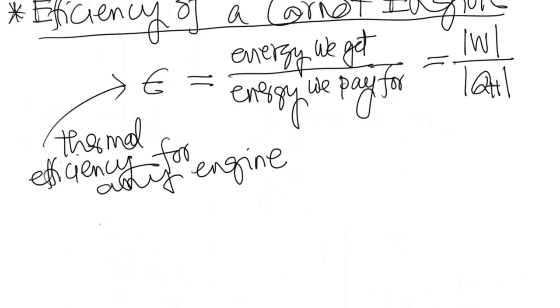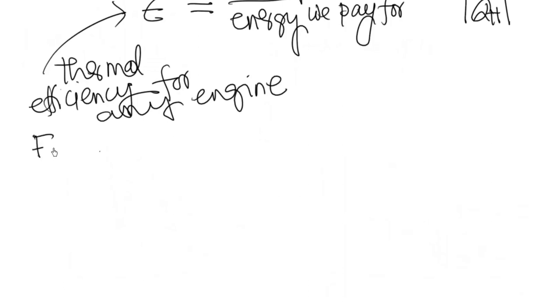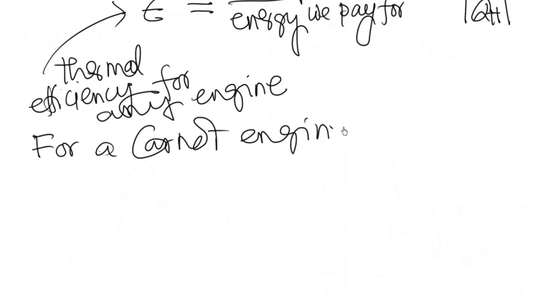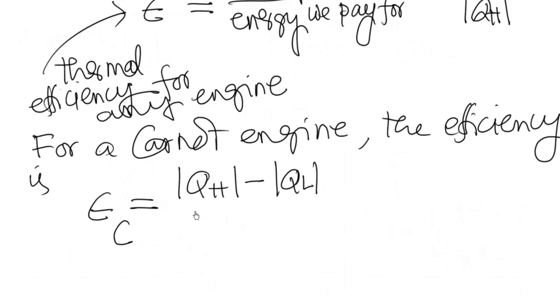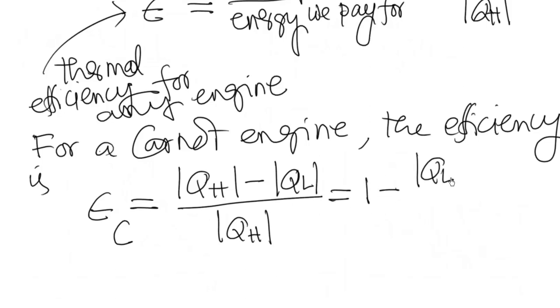Now for a Carnot engine, the efficiency epsilon Carnot is equal to W, which is this, divided by modulus of Q_H, and which is equal to 1 minus modulus of Q_L divided by modulus of Q_H.